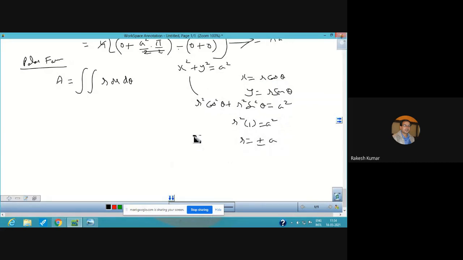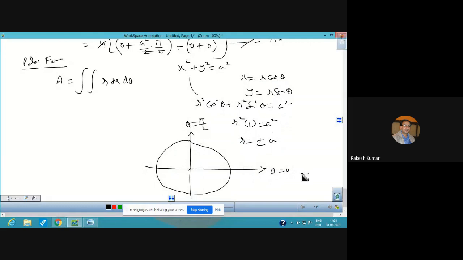And remember, again the circle is having center origin and radius a. So this is the circle we have. Now the circle has been plotted in polar form.